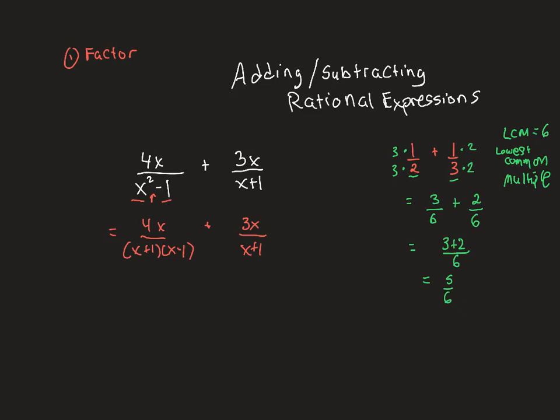Now, in order to find a common denominator, you're going to look at both things on the bottom, and you're going to see what the other one is missing.